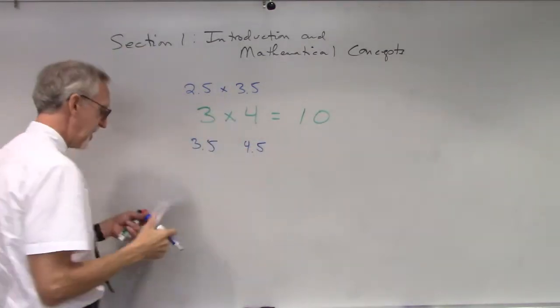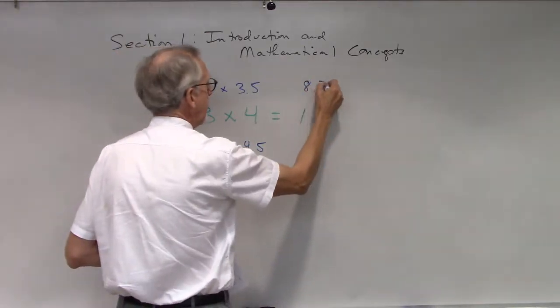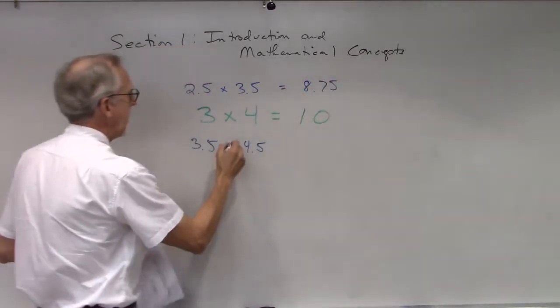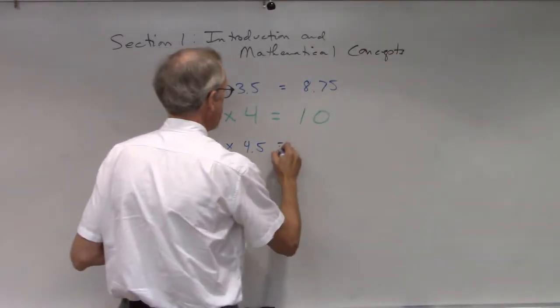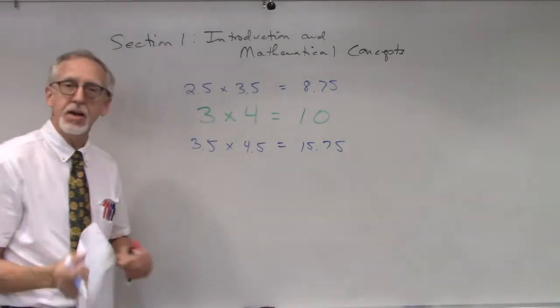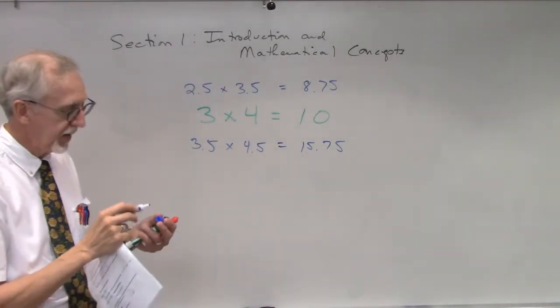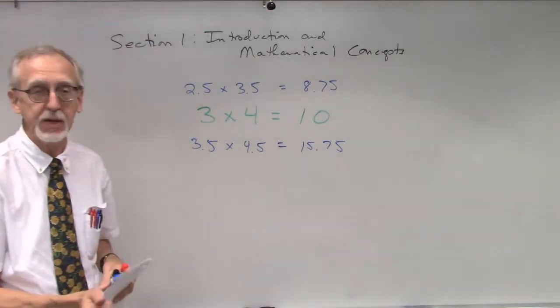Well, 2.5 times 3.5 is 8.75. And 3.5 times 4.5 is 15.75. So the area of our room could be anywhere between 8.75 and 15.75, roughly speaking.